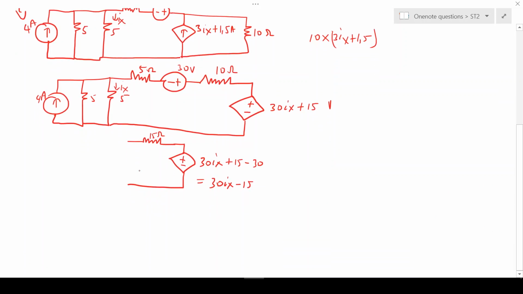Right, next thing I'm going to do is convert this to a current source in parallel with the resistor. So I'm going to have my resistor and I'm going to have my current source, which then connects to the remaining circuit.